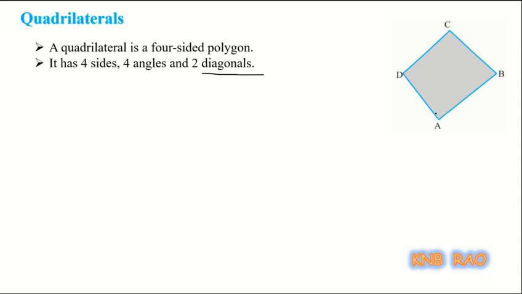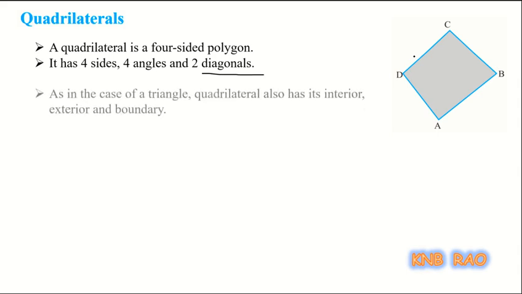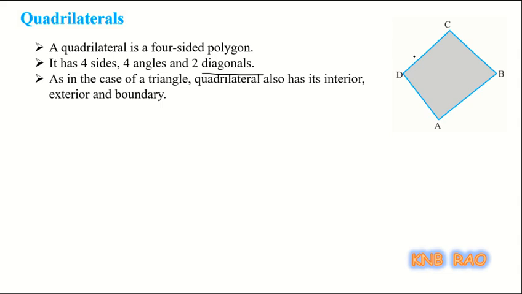Angle at vertex A is called angle A, angle B, angle C and angle D. Then like in the case of a triangle, even a quadrilateral also has 3 parts, that is interior part, exterior part and boundary.